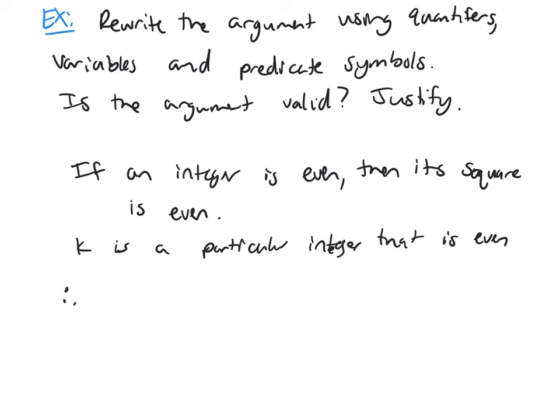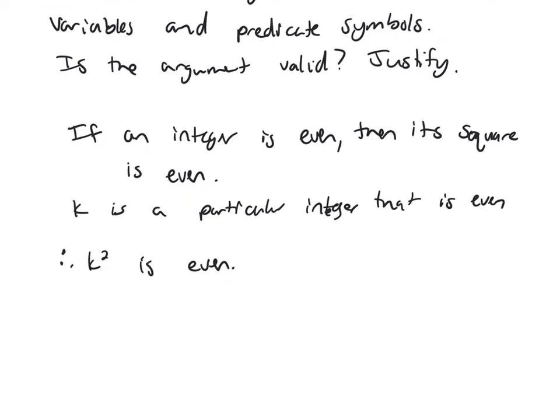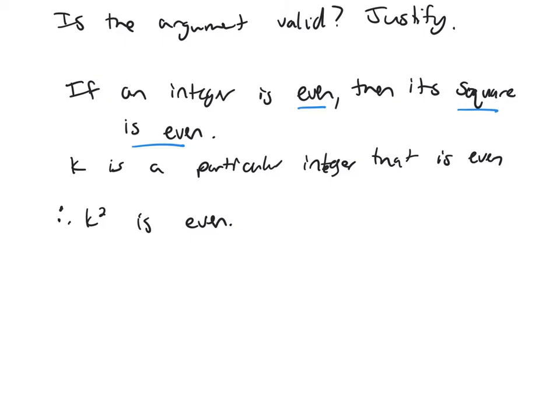Therefore, k squared is even. So we're going to notice what our predicates are here. What are the properties that we're talking about? Well, we're talking about an object being even and its square being even. So those are going to be my two predicates.